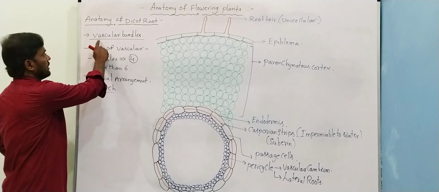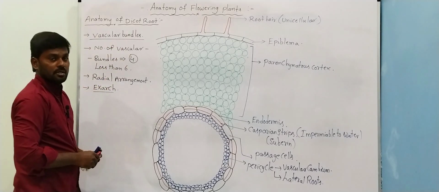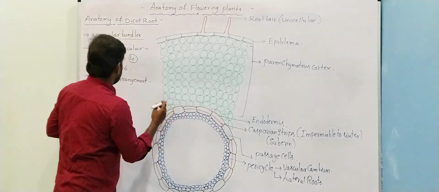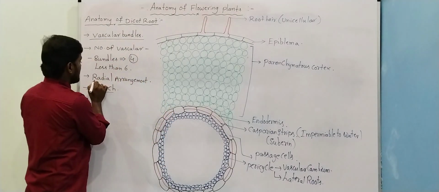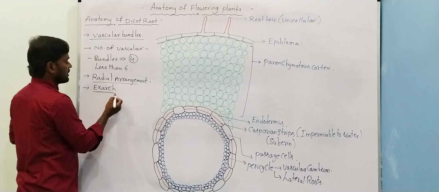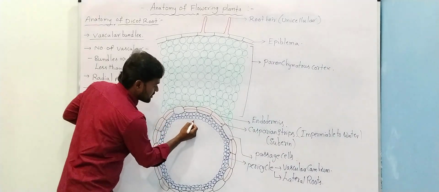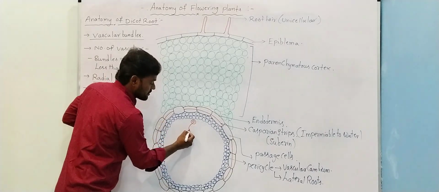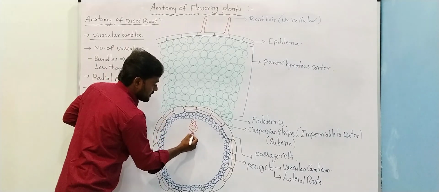First, the number of vascular bundles. How many vascular bundles are present in the dicot root? 4, less than 6. The vascular bundles are arranged in radial arrangement and the condition is exarch.